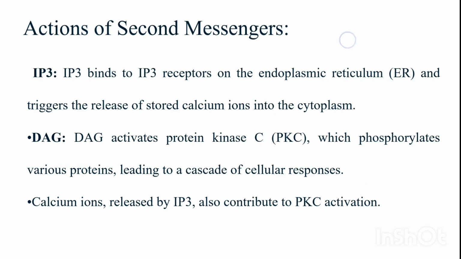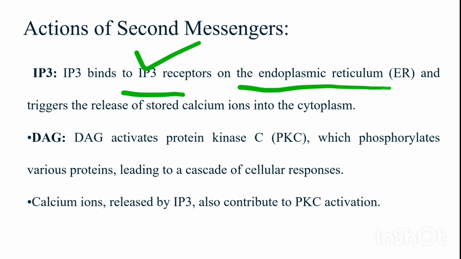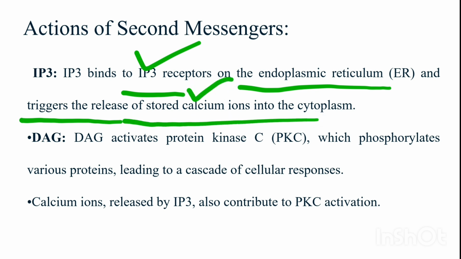Action of these secondary messengers, IP3 and DAG. So what does IP3 do? It binds to IP3 receptors on the endoplasmic reticulum and triggers the release of stored calcium ions into the cytoplasm.